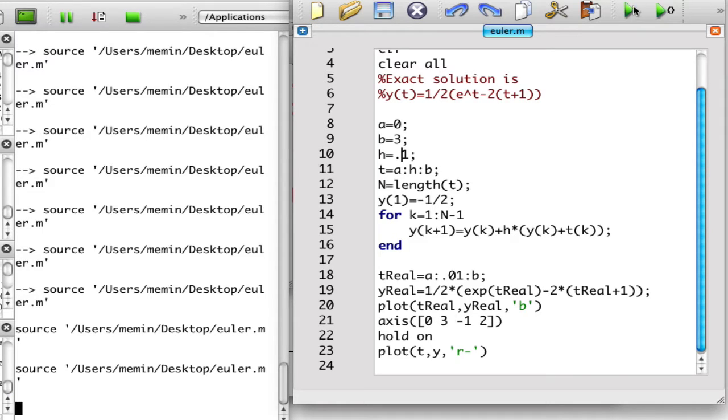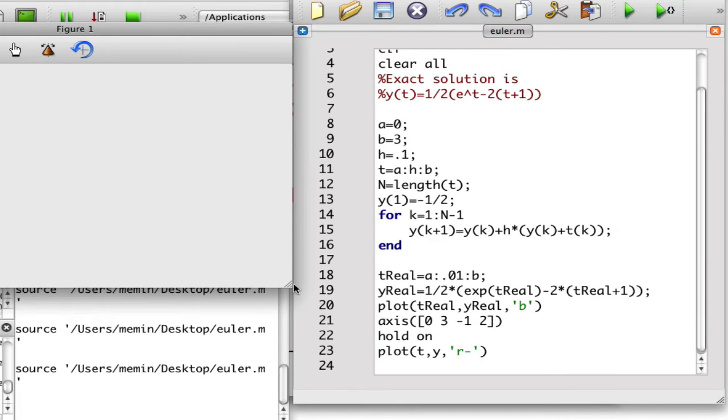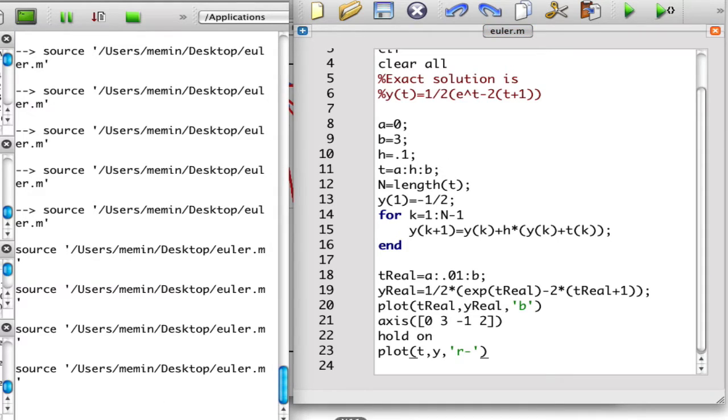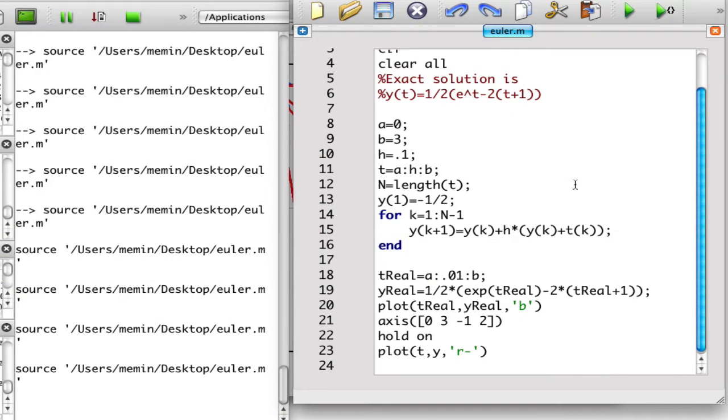Uh-oh, I broke it. Program's broken. Hello? Saw you do it. What happened to my plot? Oh my gosh. What did I break? I don't even know what I broke. It was running just fine.